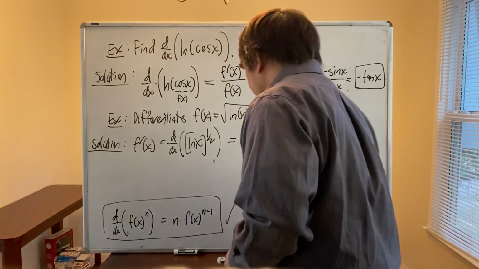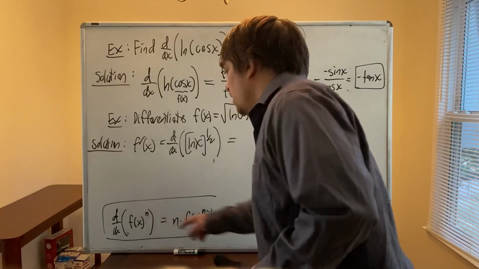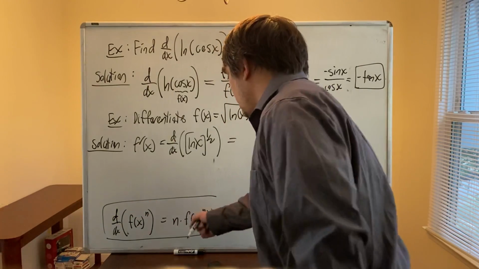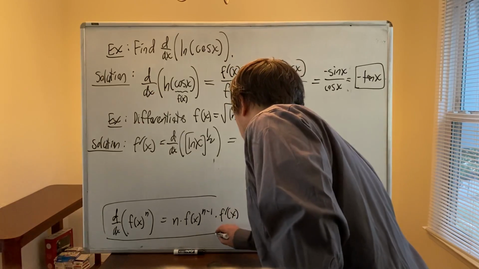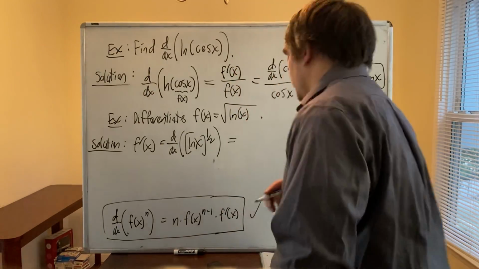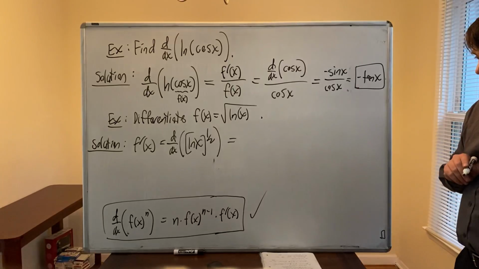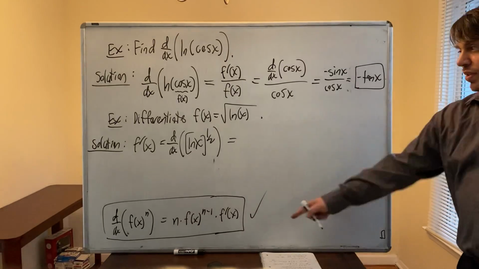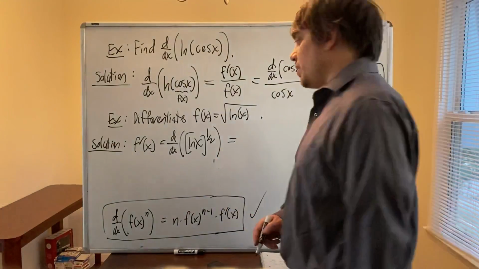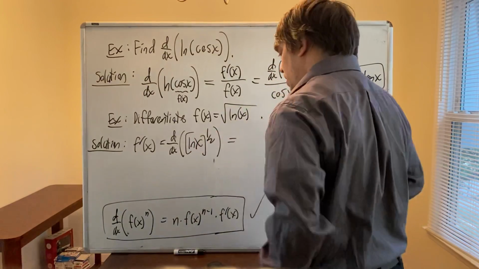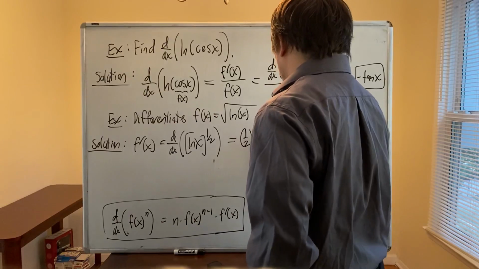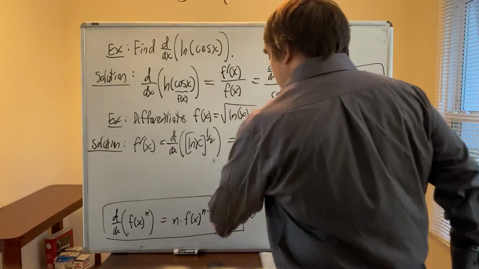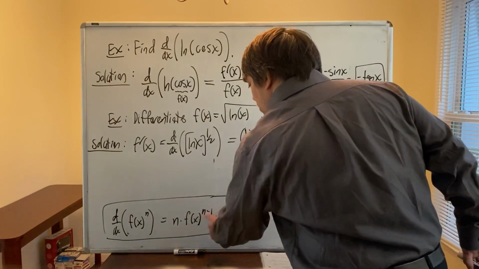Wait, one more thing. d/dx of f of x to the n is n times f of x to the n minus first power times f prime of x. Okay, that's the formula. So let's apply that to this problem. d/dx of ln x to the 1/2 power is equal to 1/2 times ln of x, and then you take the original exponent and subtract 1.